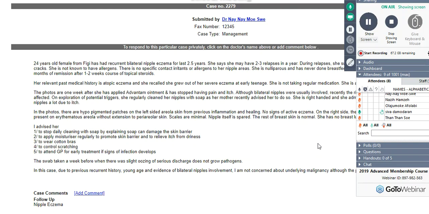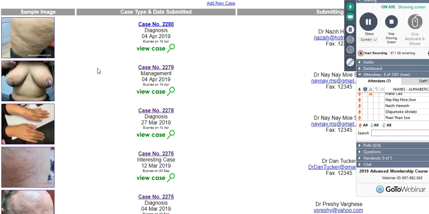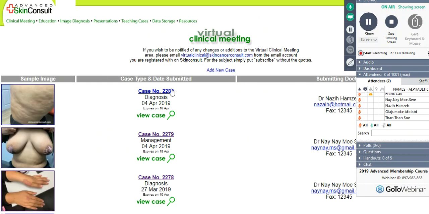Your microphone mustn't be working, Siva. I'm not sure if you can take it out, put it back in again or something. Okay, I'll mute you. Okay, let's have a look at the other case that was there. Then I've got a couple I just want to show you, and we'll go on to the, what was this one? From Nazi.